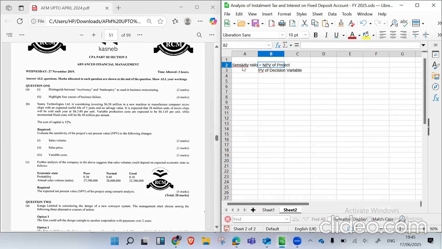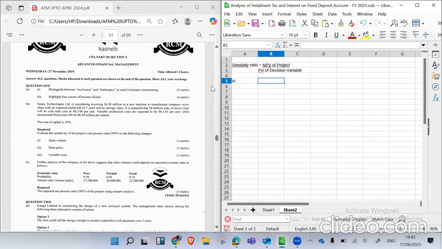So from the formula, we appreciate that we must get the NPV so that we have the present value of the decision variable. In getting our NPV, we need our initial outlay.